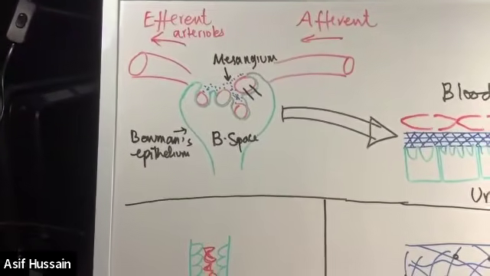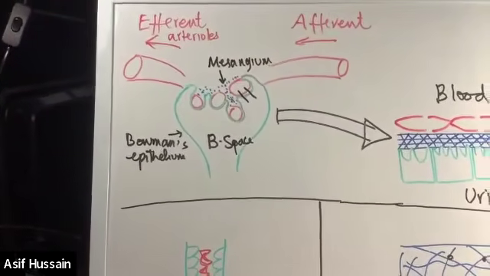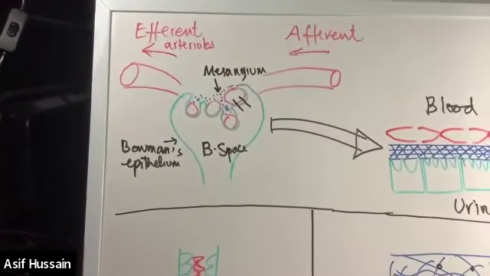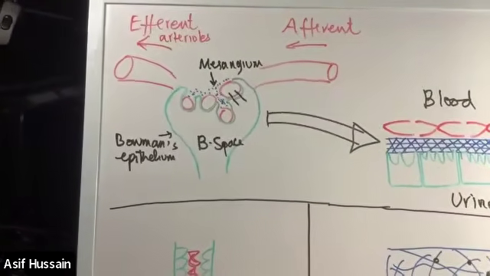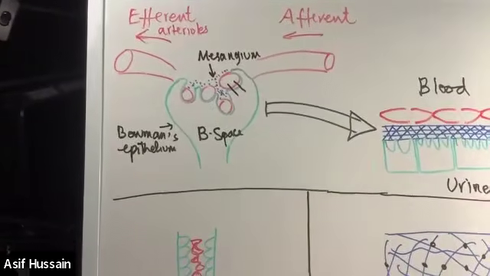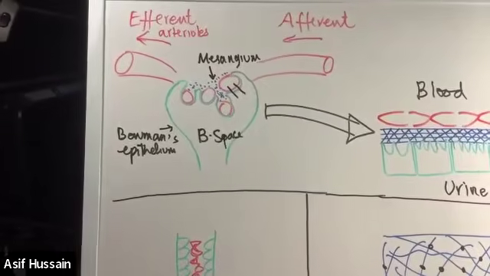Remember, E for efferent, E for exit. So the one which is exiting starts with E, and the one which is entering the glomerulus starts with A, right? And each capillary in the glomerulus is surrounded by the Bowman's epithelium in its 2/3 circumference.